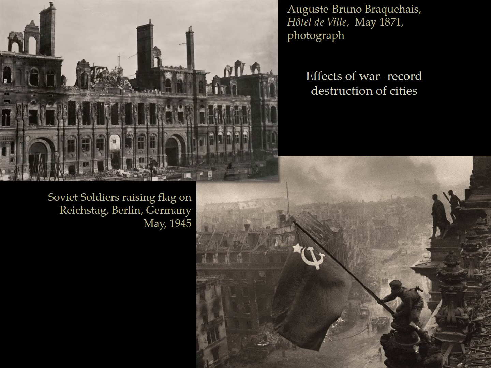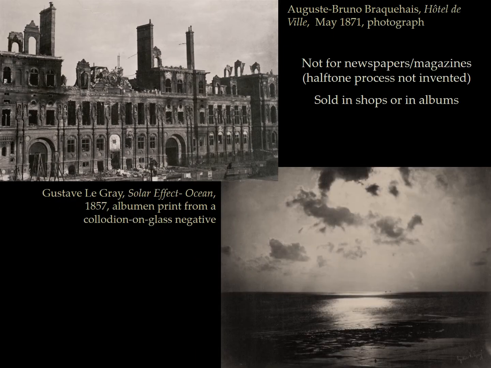Now, the effects of war, recording these destructions of cities, is what photography will be used for, especially in World War I and II, showing how devastating the impact of such aggression has been.